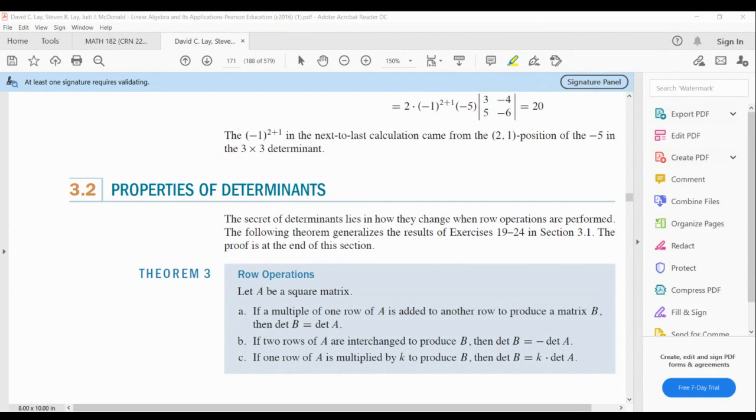Are there any questions before we move on? All right. Well, let's go ahead and get to a little example here. So let me bring up a little example.